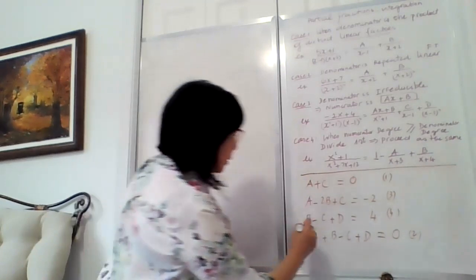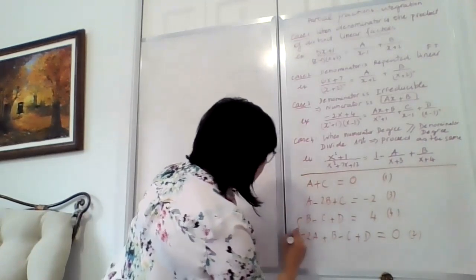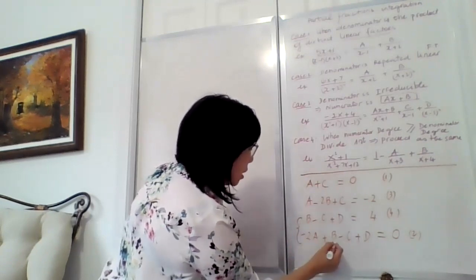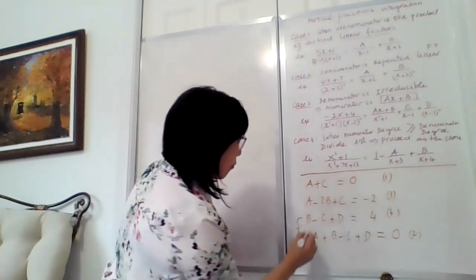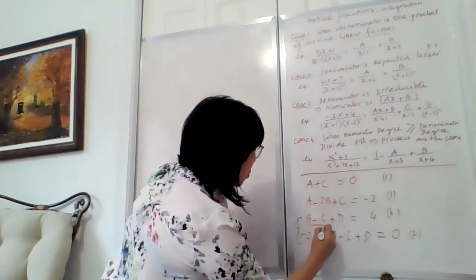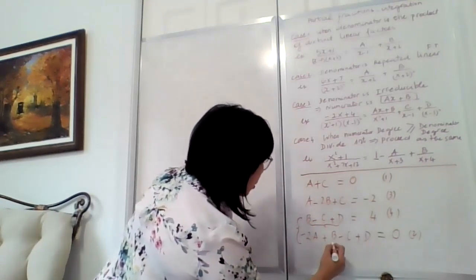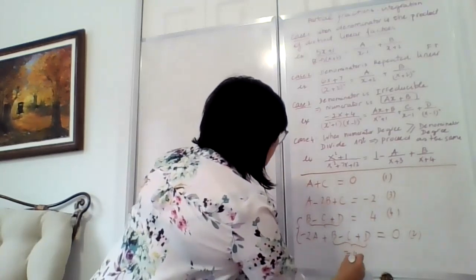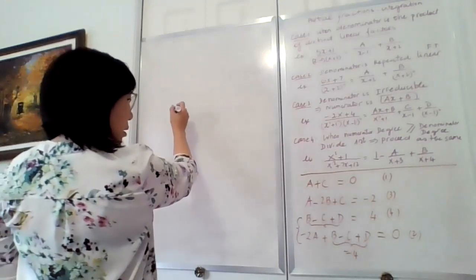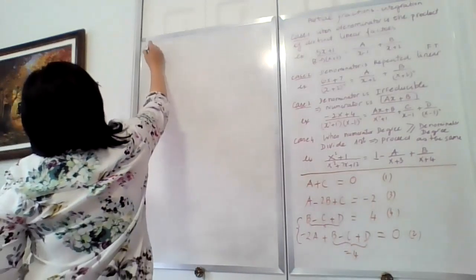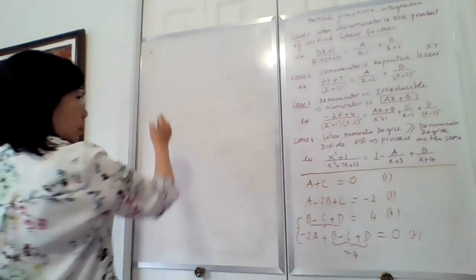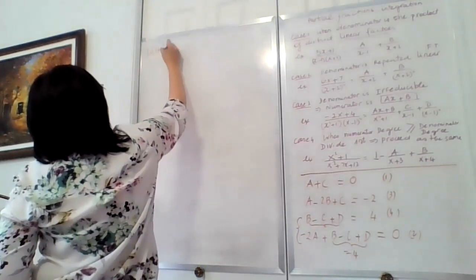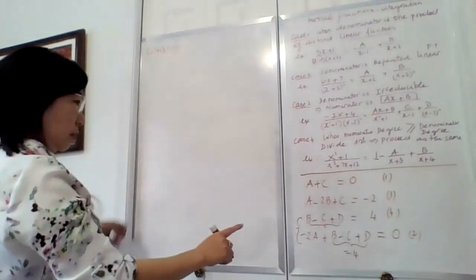I can see that I can take advantage of these two equations right now. Because look, b minus c plus d, b minus c plus d, right? So this whole thing here equals 4. So therefore, equation 2 adding with equation 4 will give us what?